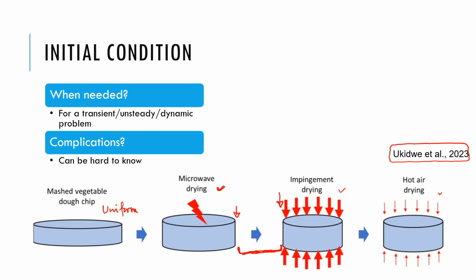We model microwave drying, and then we also model this resting or intermediate stage, and that will automatically compute up to this point and then be used as the initial condition for impingement drying.